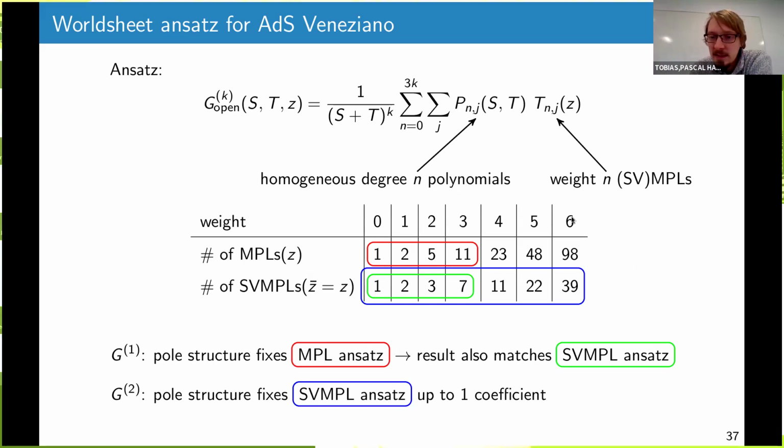Here we see that at weight 6, it makes quite a big difference to take a single-valued ansatz: we have either 98 or 39 functions. For the second correction, we directly use a single-valued ansatz. Matching with the OPE pole structure fixes everything up to one single coefficient.